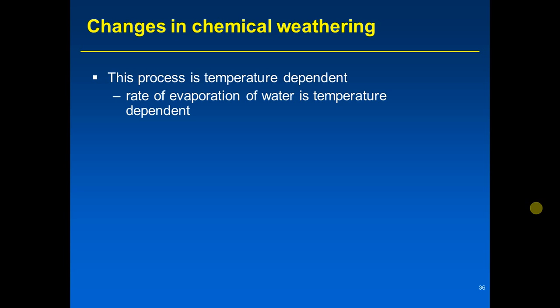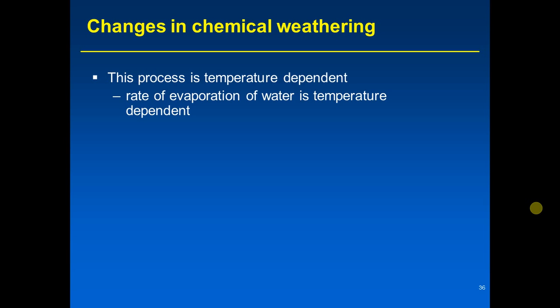So, as temperatures increase, what happens to the amount of evaporation? Remember the water vapor feedback? Warmer temperature means more evaporation off the oceans. Okay? And what does that do to the amount of water vapor in the atmosphere? It goes up. What does that do to the number of clouds in the atmosphere? If there's more water vapor in the atmosphere, you can have more clouds. Remember the cloud feedback.